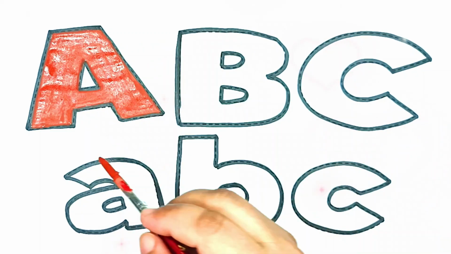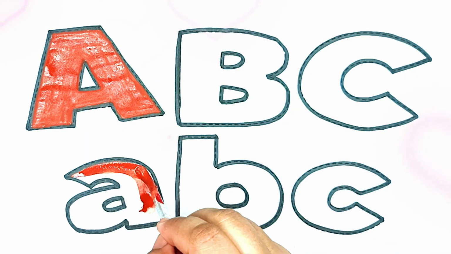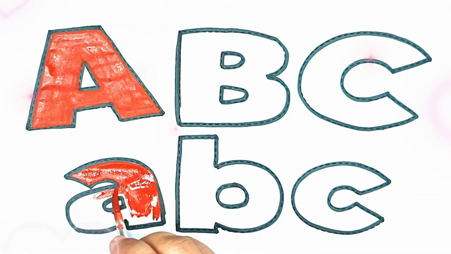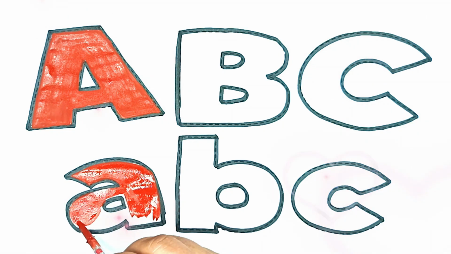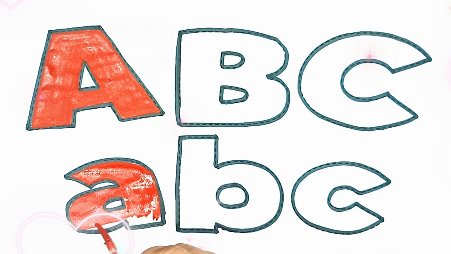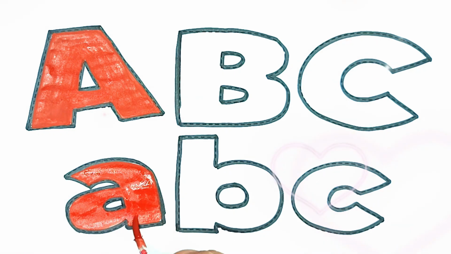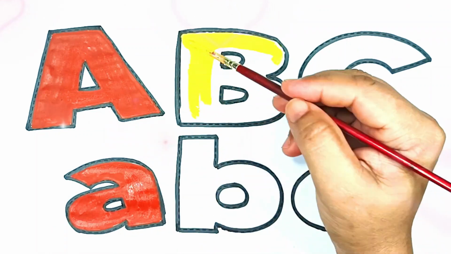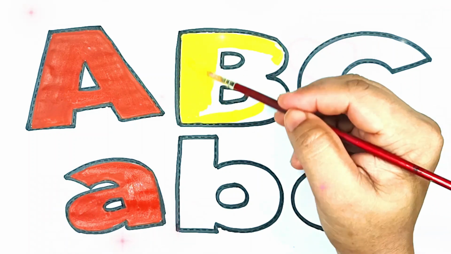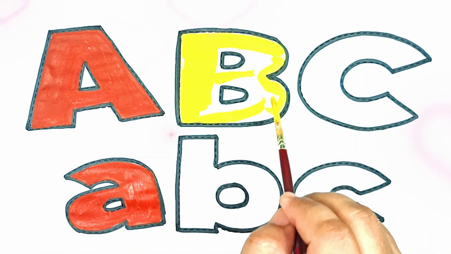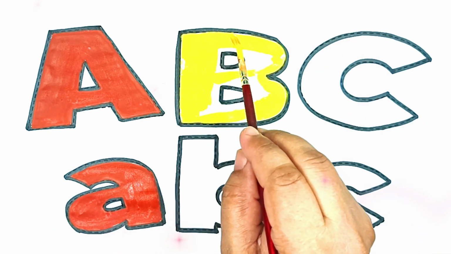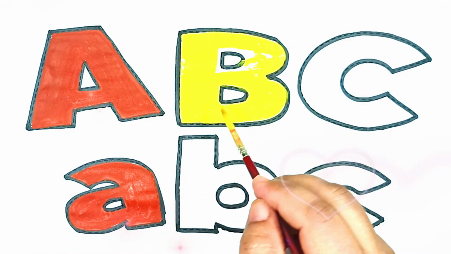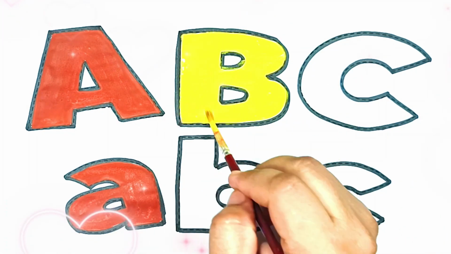A is for apple. A is for ant. B is for bat.